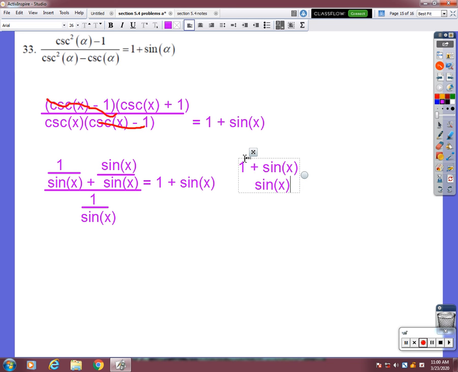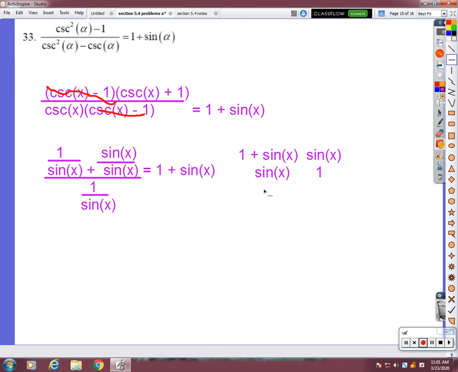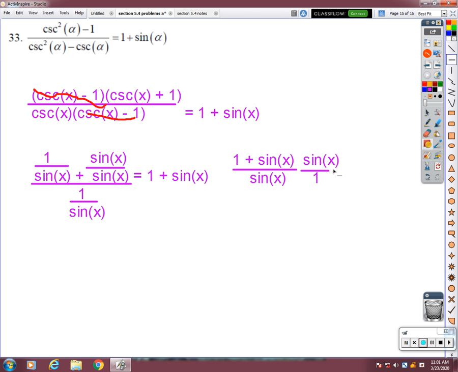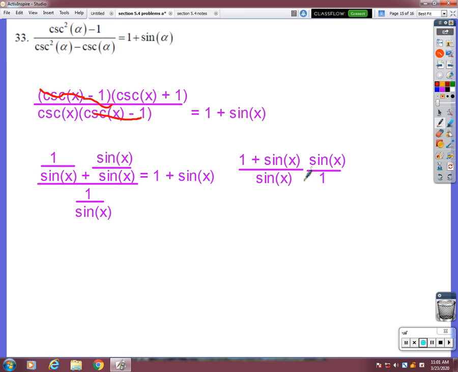So I'll just simplify here since there's nobody watching this anyway, and rewrite 1 over sine of x as sine of x over 1. So I'm just going to, in one step here, turn this into multiplying by the reciprocal. Then these two things cancel, and that leaves me with 1 plus sine of x here, which is what I was trying to get it to equal in the first place, so I'm calling her good.